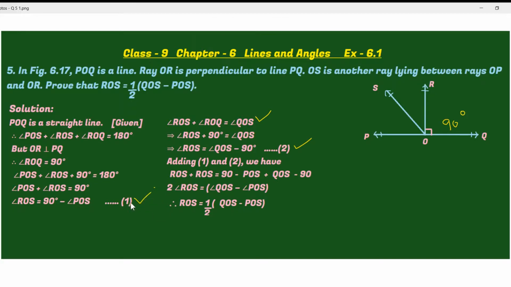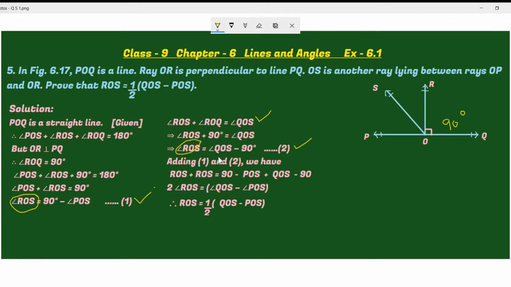You can see in these two equations, both left hand sides are equal. This is angle ROS and this is also angle ROS. So if the left hand sides are equal, then the right hand sides would also be equal. I'm going to add these two equations.